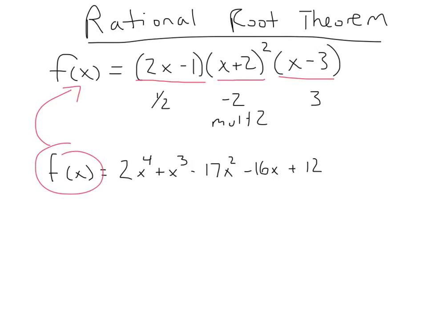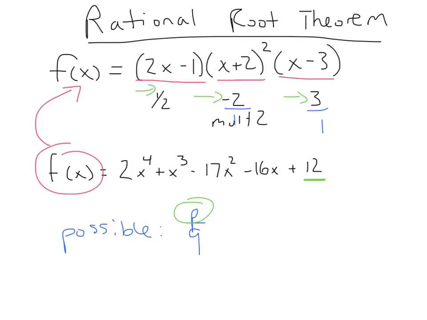Now what the rational root theorem tells us is that all possible rational roots are going to look like some fraction p over q. And every root we have up above is a fraction, right? These ones are just over 1. And what the rational root theorem tells us is that every p is going to divide 12. So for example, 1, a numerator here, divides 12, -2 divides 12, and 3 divides 12.